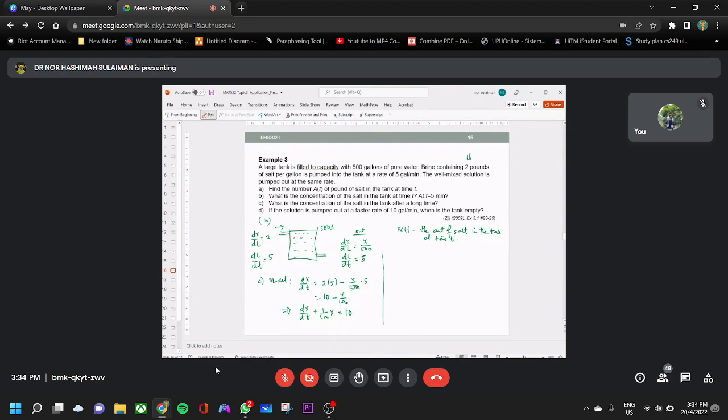So dia punya P(t) equals to 1 over 100. So the integrating factor is e to the power of 1 over 100 t. Betul tak? Okay. Saya tuliskan step yang tu.